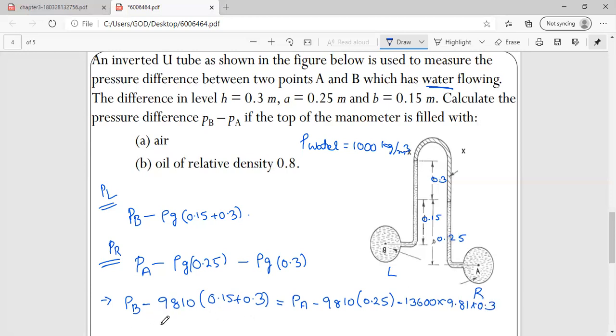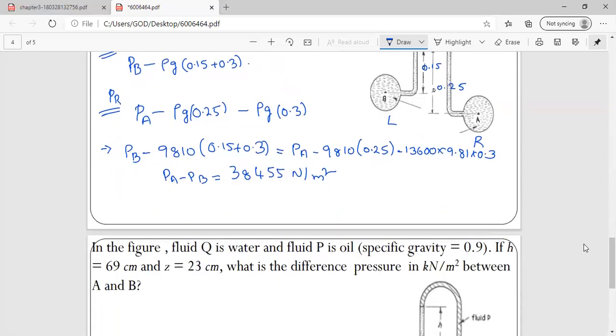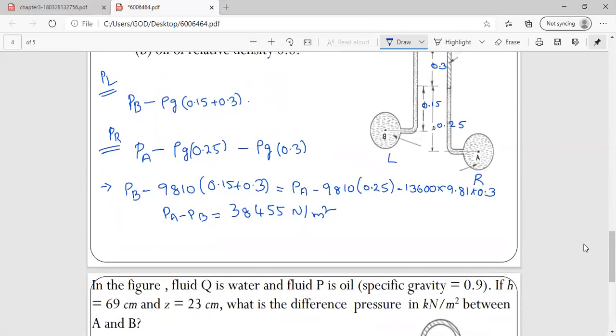If you solve this equation, you will get the difference of pressures PA minus PB. The value of PA minus PB comes out to be 38,455 newton per meter square. Try to solve this problem on your own, and then you will get clarity. Otherwise, I'll write it step by step for your understanding.